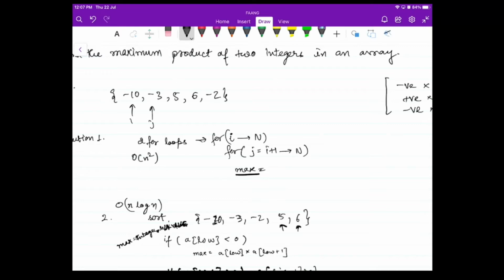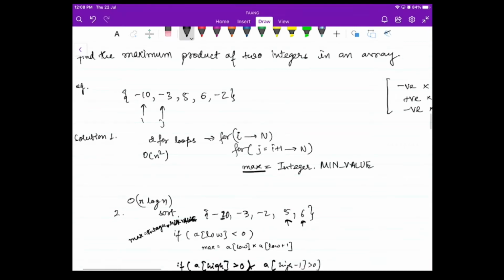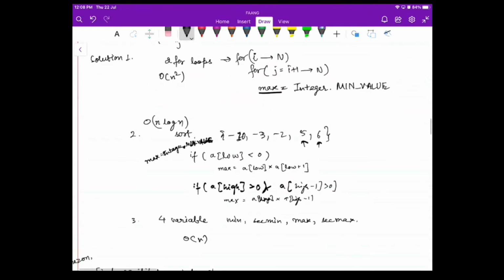If the value is greater than max, we update the maximum variable, else we keep it as Integer.MIN_VALUE. This iterates using two for loops, so the time complexity would be O of n square.